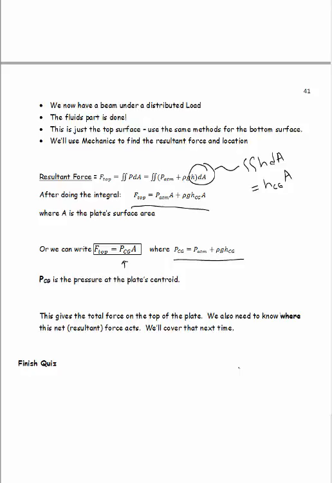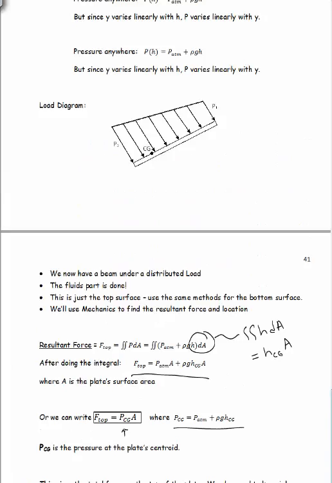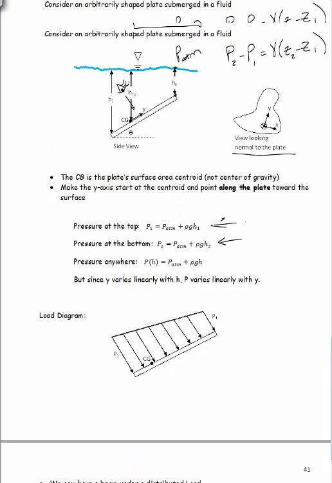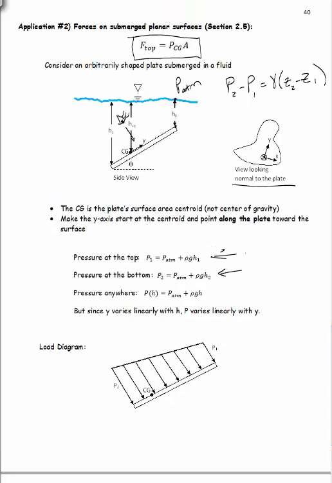You've got to figure out what that h_CG is, so figure out where your centroid is, and then look for the vertical distance. That's always the key. People try to look at maybe this distance, but it's always got to be the vertical distance up to that known pressure point, which in this case is P atmosphere.